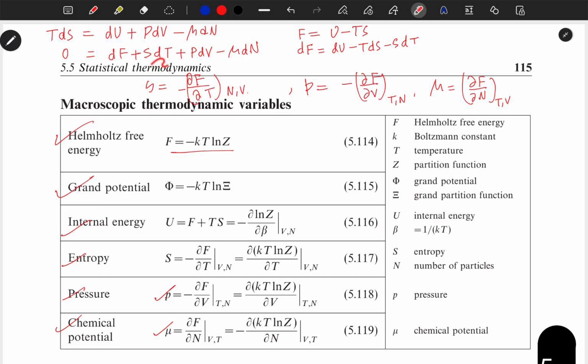So whenever we calculate S, we have to differentiate F with respect to T. So minus dF by dT equal to S. Similarly P equal to minus del F del V. Again mu equal to plus del F del N.